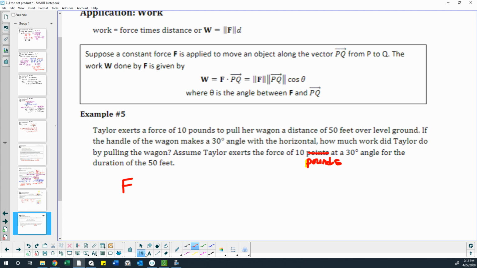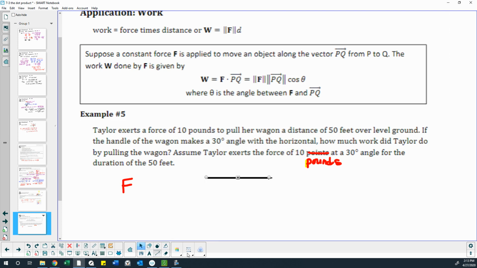So just in case you want a little picture to see what's happening, the wagon's being pulled horizontally, but the handle of the wagon is pulling at an angle.